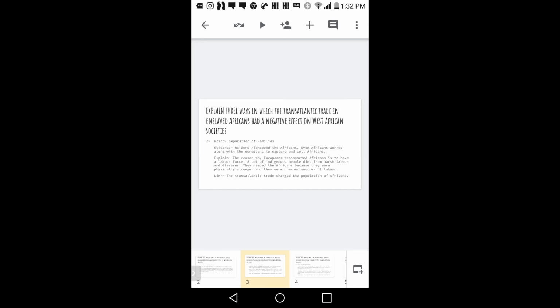Your evidence is that they raided and kidnapped Africans, but you need to explain what the effect of this kidnapping was that led to separation. So the explanation here and the link need working.